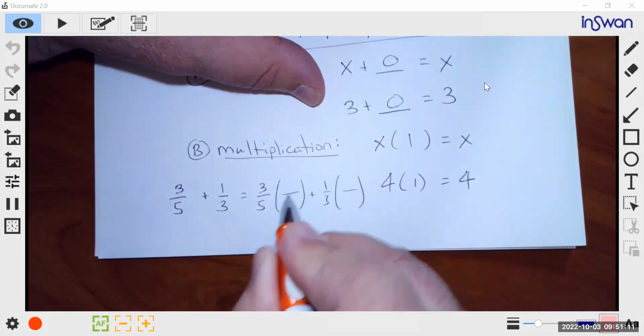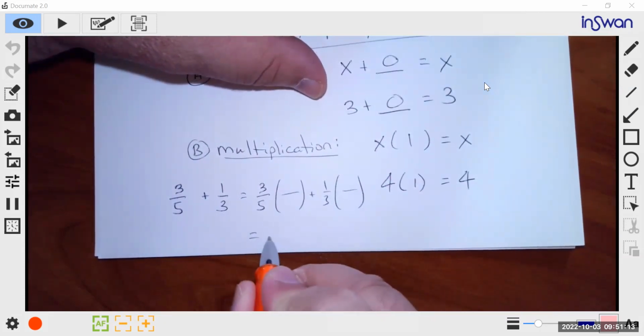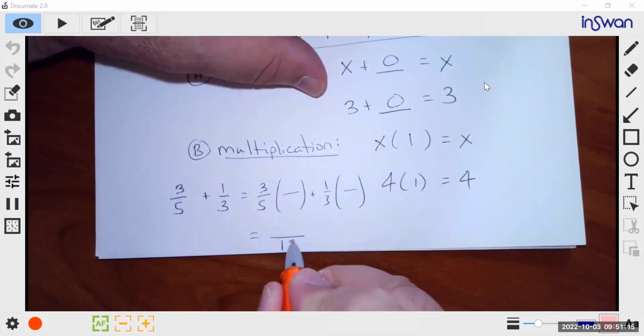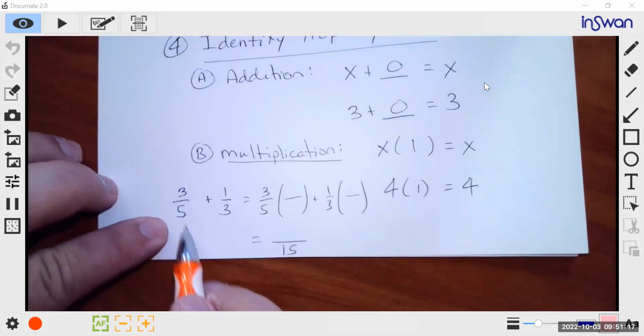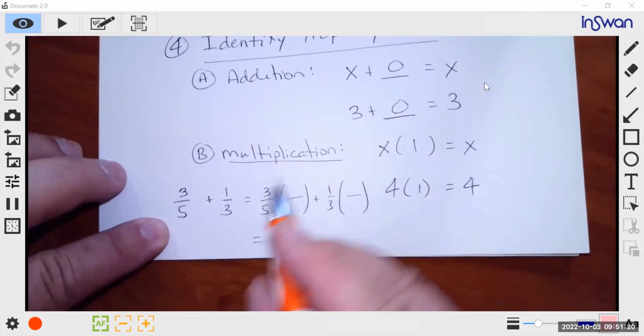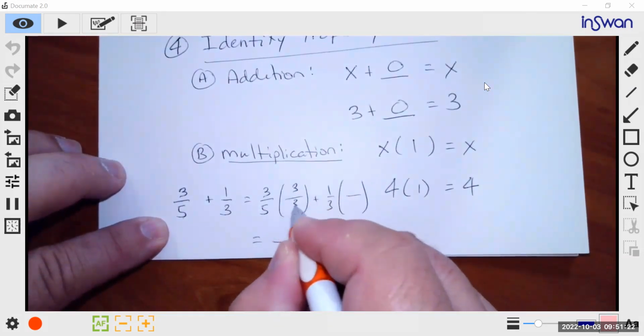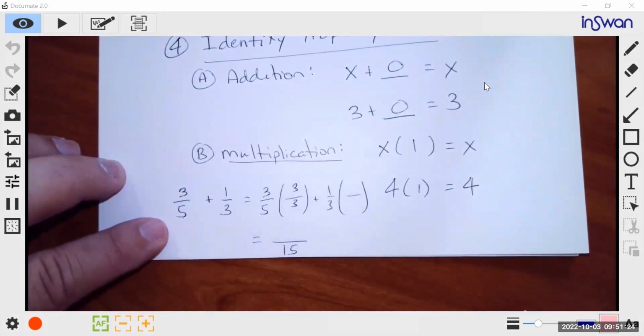So what do you multiply to the first one? What's the common denominator? So what times 5 gives me 15? 3. 3 over 3. Whatever you do to the top, you have to do to the bottom.